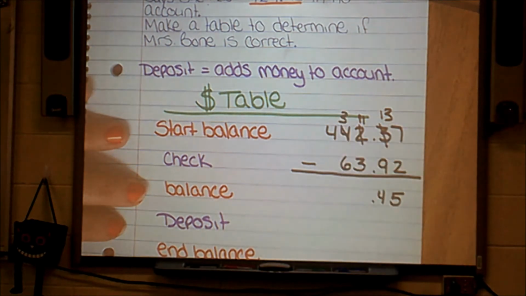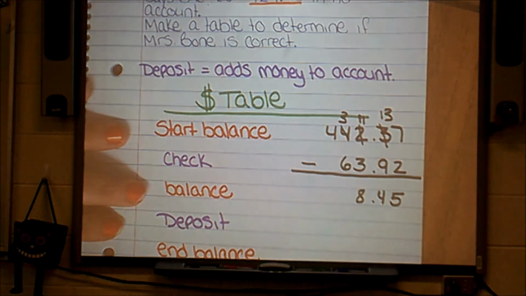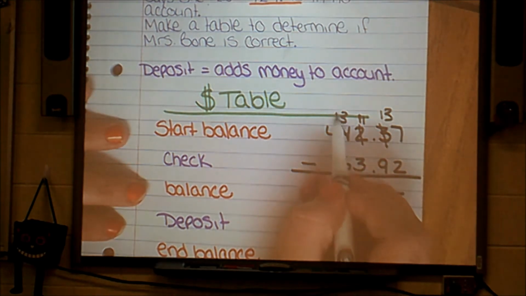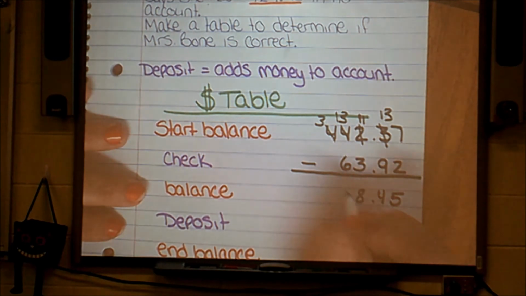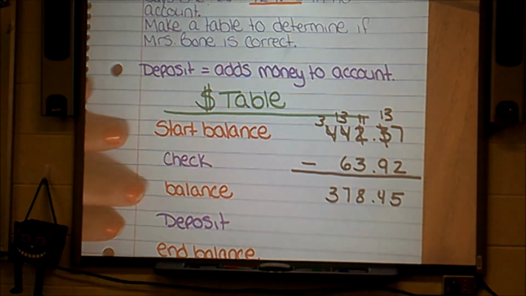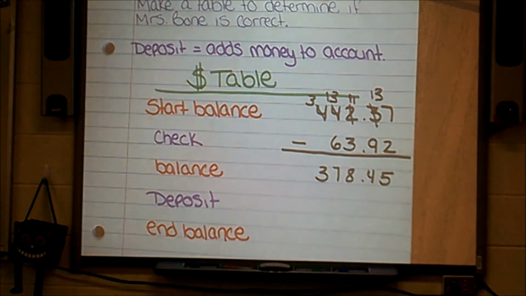Regroup. So at this point in her bank account, after she writes that check for the internet, she has $378.45 in her bank account.